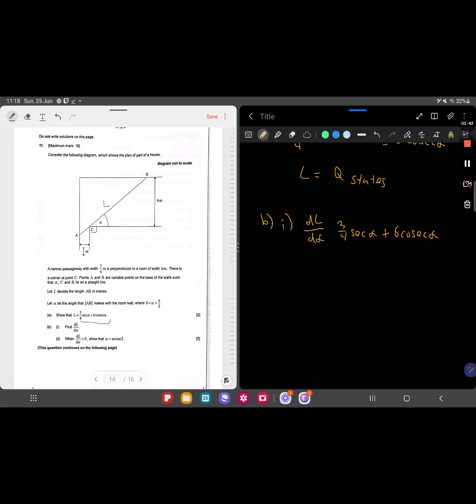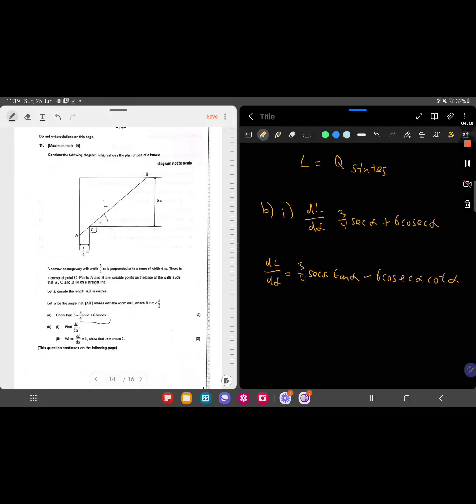The derivative of sec x is sec x tan x. So dL by d alpha equals 3 over 4 sec alpha tan alpha, and then the derivative of cosec is minus cosec alpha cot alpha, so minus 6 cosec alpha cot alpha.